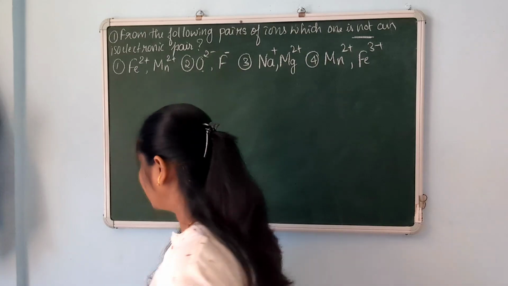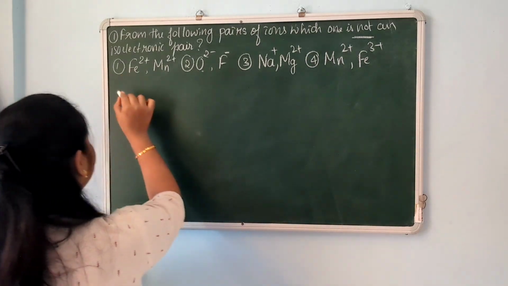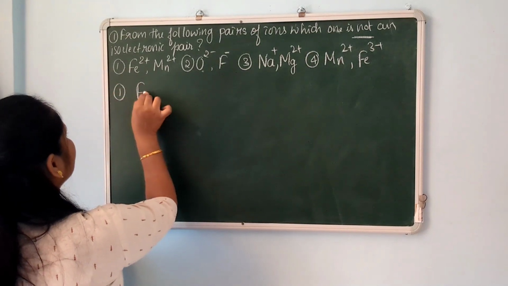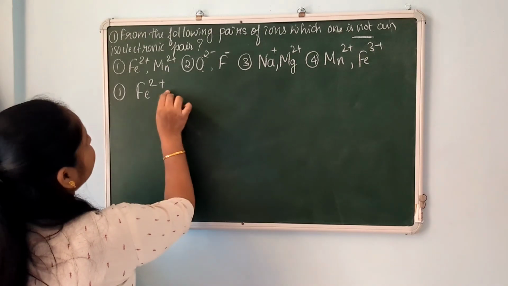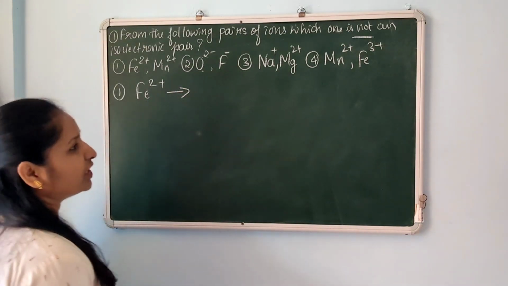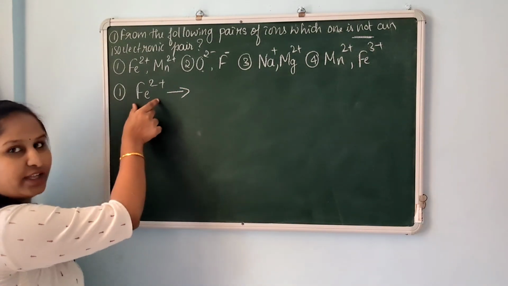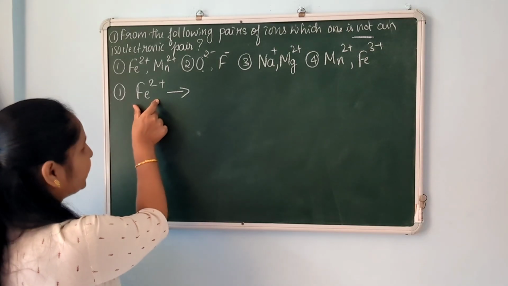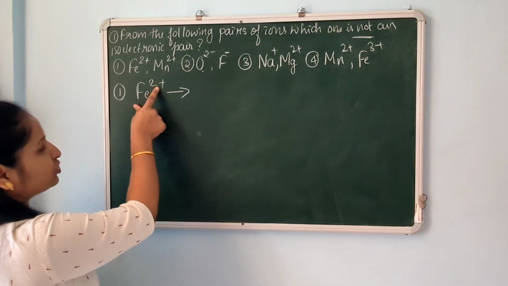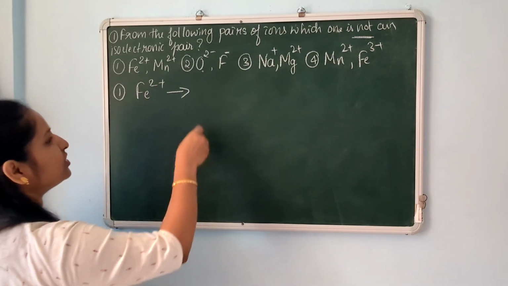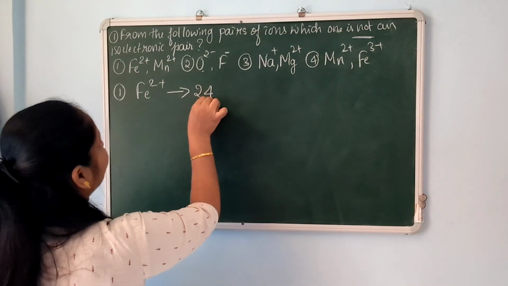Let us first take the first option, Fe2+. Iron has atomic number 26, but the charge is plus 2, so minus 2 electrons, which means 24 electrons.